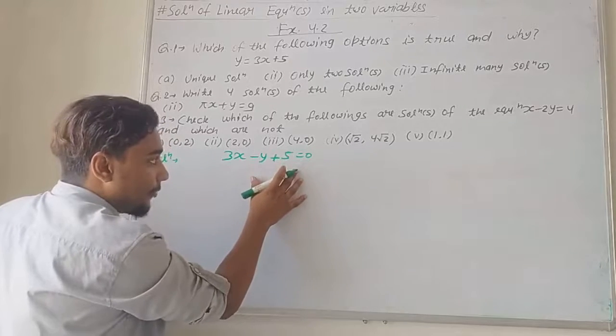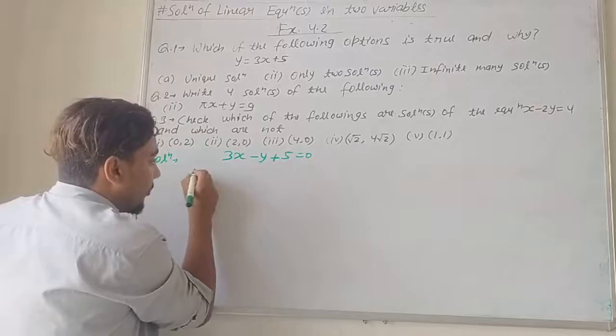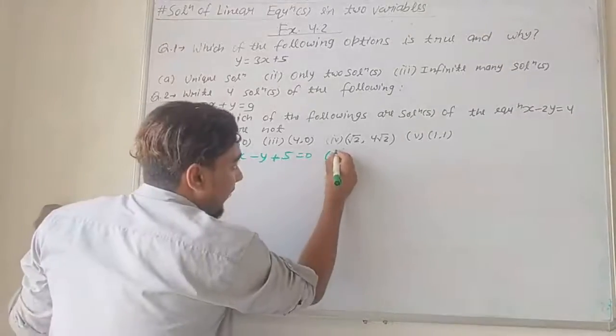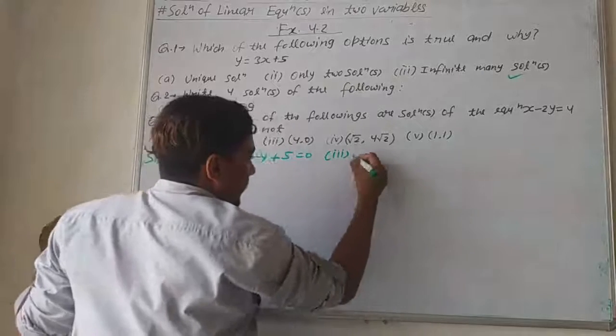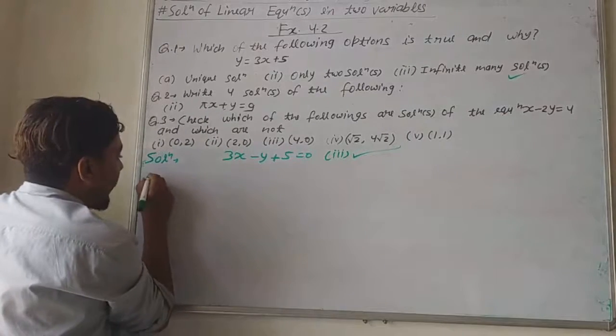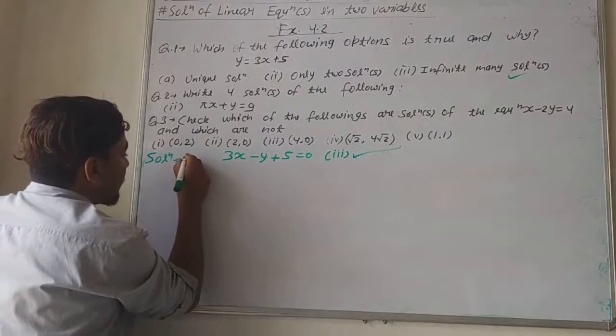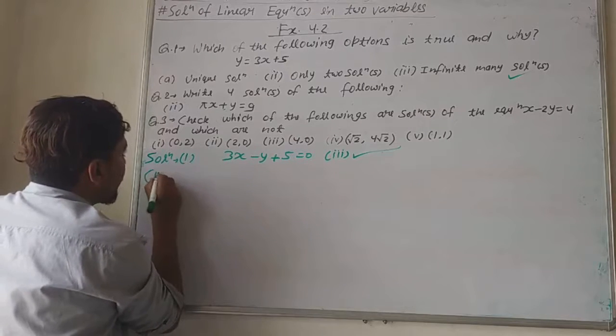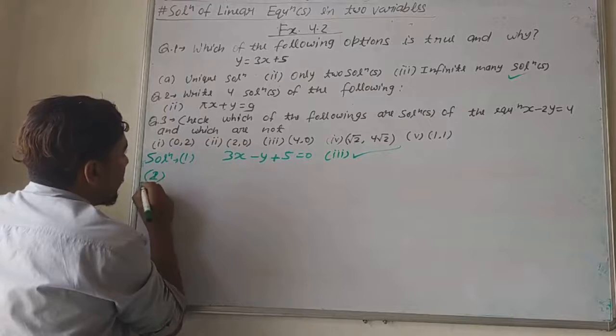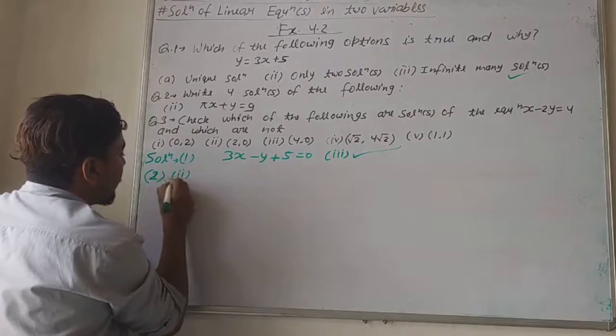It is a very simple question from the concept. So the third option is correct, infinitely many solutions. Okay, very easy question. So that was the solution of question number 1. Now question number 2, part 2.